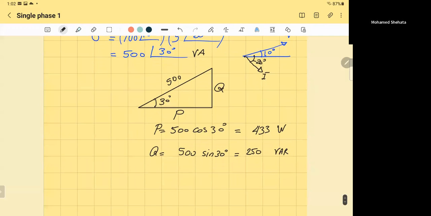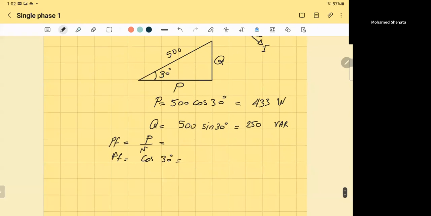Power factor, we got two options here. You can divide the power by S, or you can say it is equal cosine 30. So power factor can be obtained using one of these two formulas.